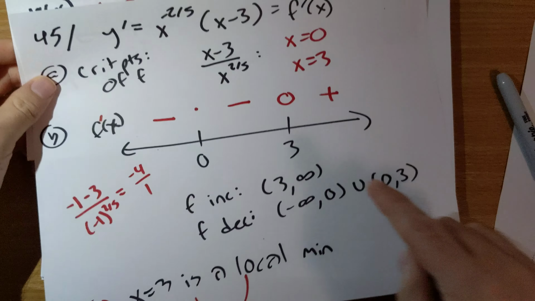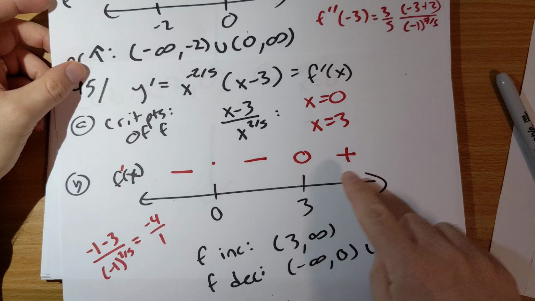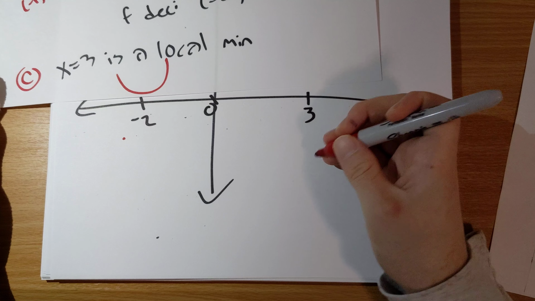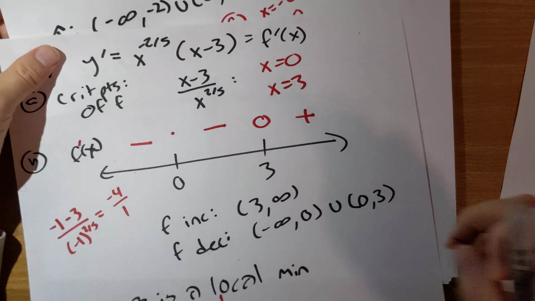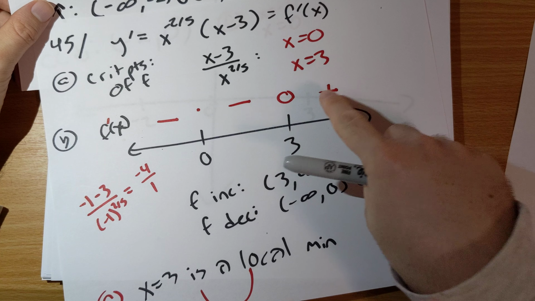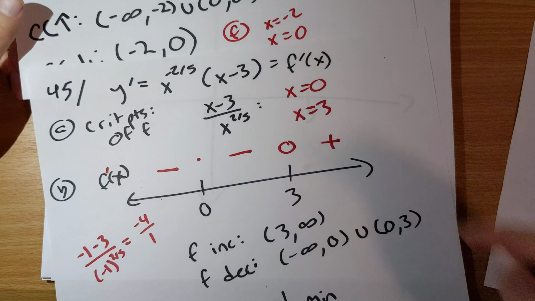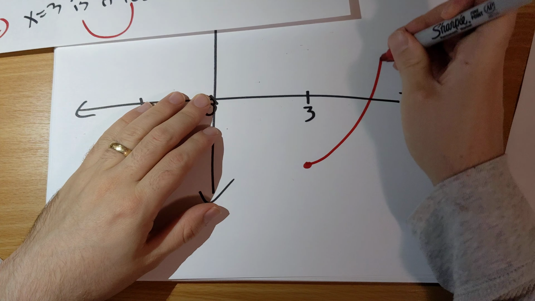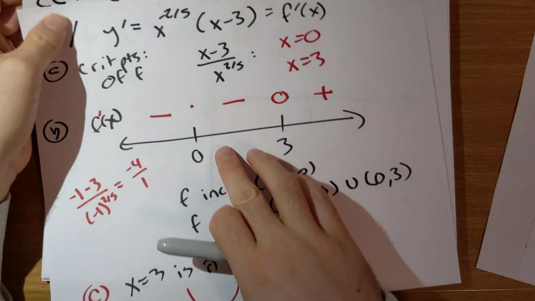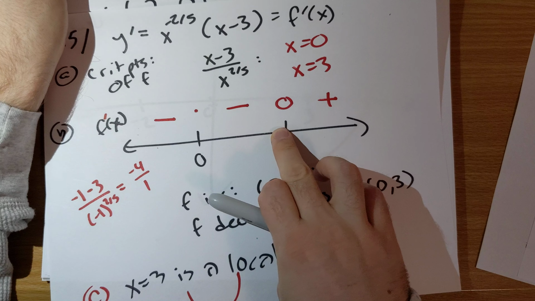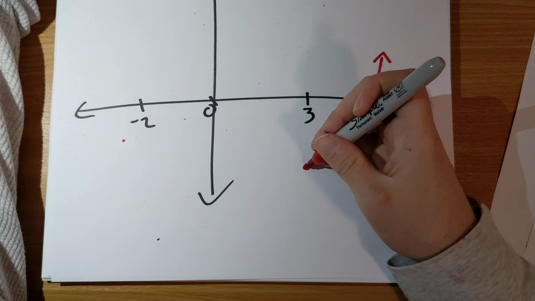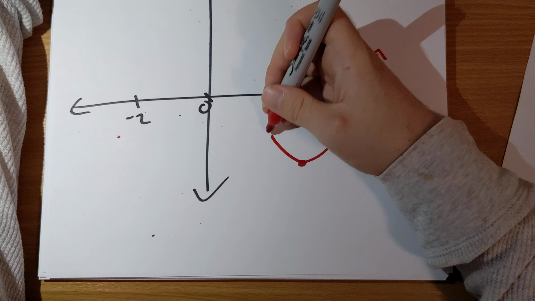So beyond 3, x equals 3 is a local minimum. Beyond 3, our function is increasing. That's over here, it's concave up, so something like this. Between 0 and 3, our function is decreasing, but it's concave up. So something like this.